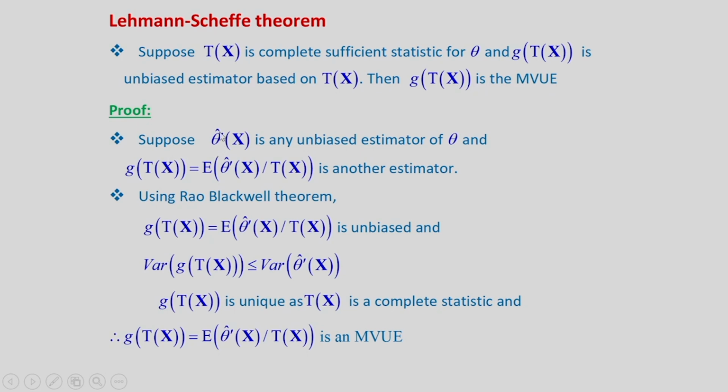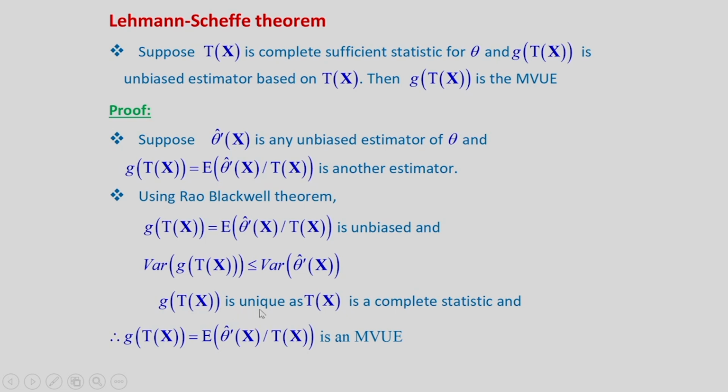Suppose theta dash hat(x) is any unbiased estimator of theta. Then E of theta dash hat(x) given T(x) is another estimator. Now using the Rao-Blackwell theorem, this estimator is unbiased and the variance of g(T(x)) is less than or equal to the variance of theta dash hat(x). But we know that T(x) is a complete statistic, therefore, there is only one function g(T(x)) which is unbiased.